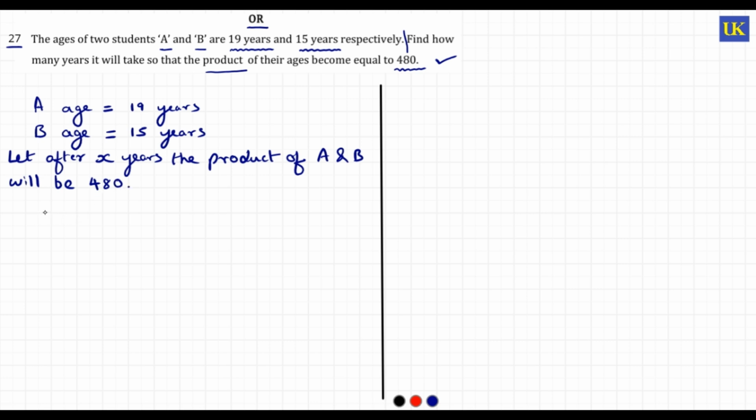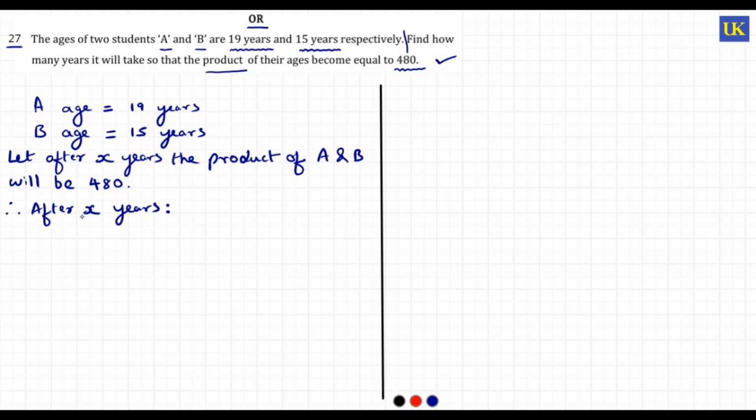So after X years, we don't know how many years X is, we have to find out.